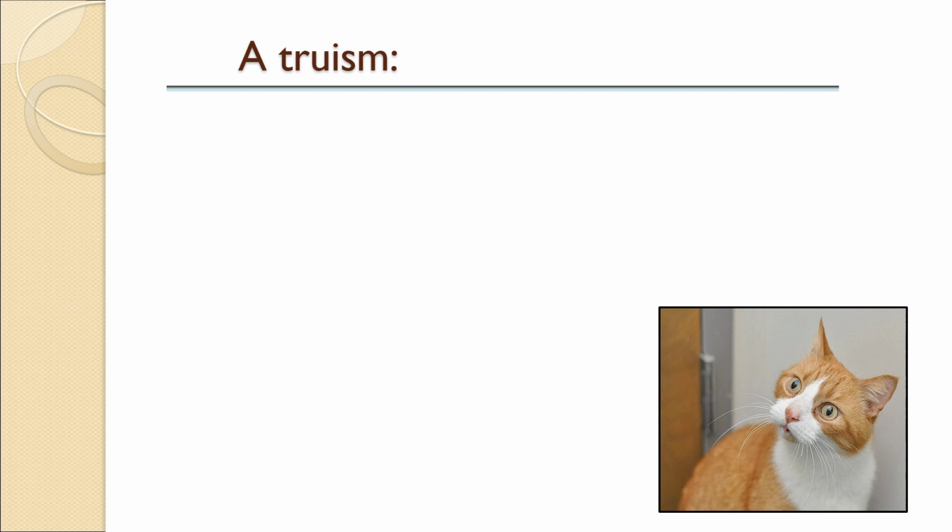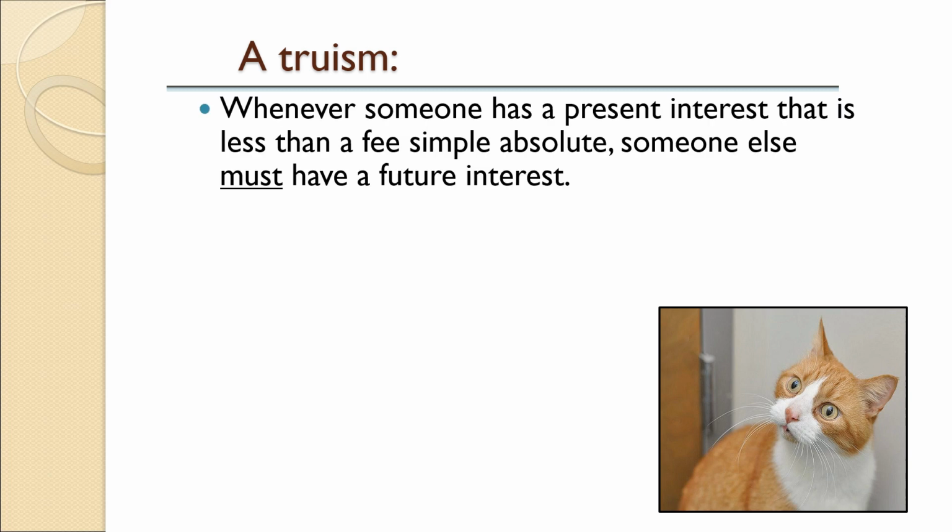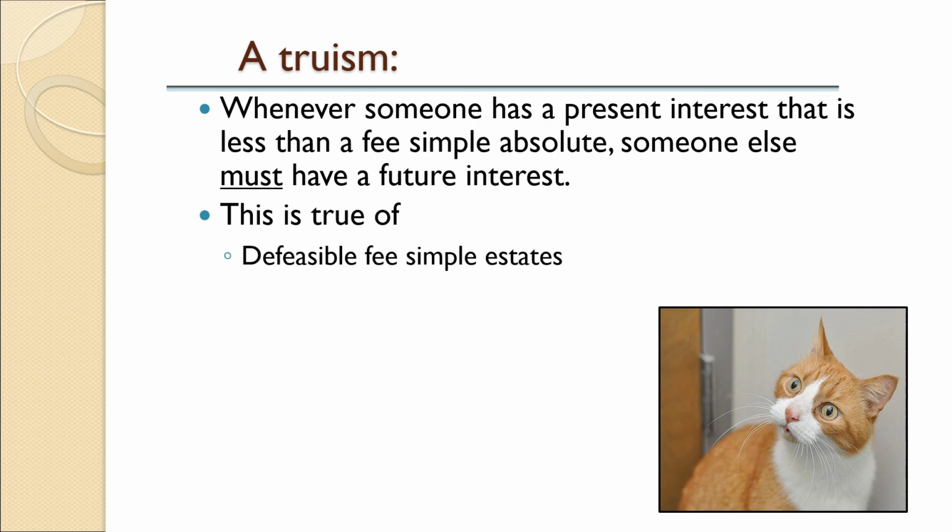So we can state as a truism that whenever somebody has a present interest that is less than a fee simple absolute in land, somebody else must have a future interest. That could be true of any interest in land that is less than a fee simple absolute. It would be true of a defeasible fee simple estate, as we said a moment ago.